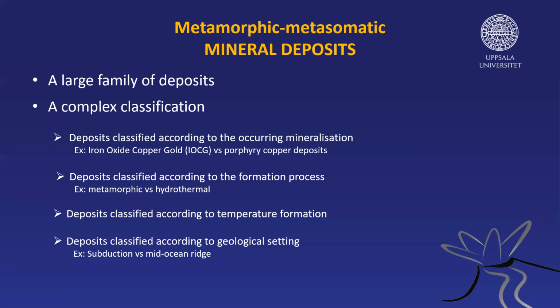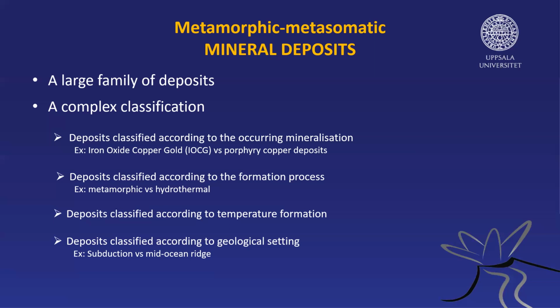So we have different ways to classify. Depending on whether we describe the mineralization or the formation process, we have a classification. There are main classifications, I would say, four of them. Deposits classified according to the occurring mineralization.